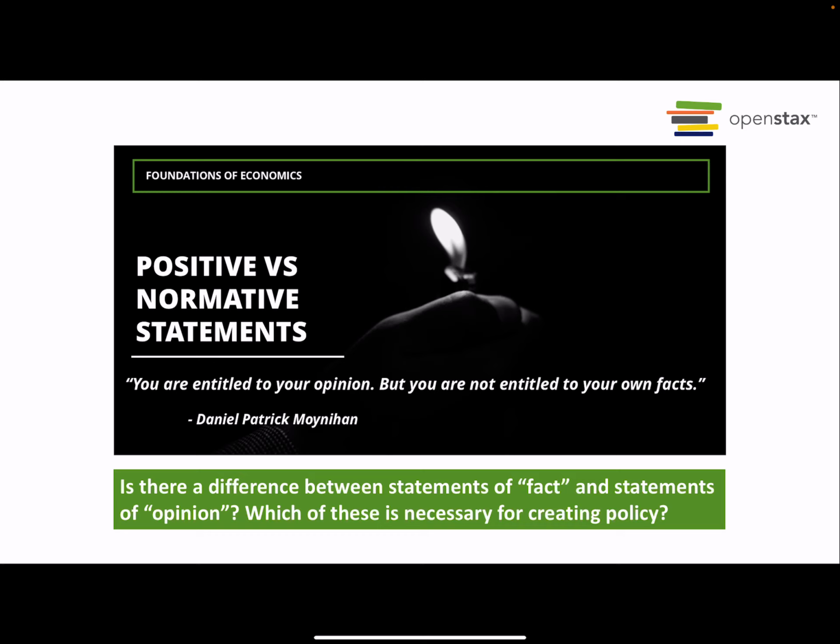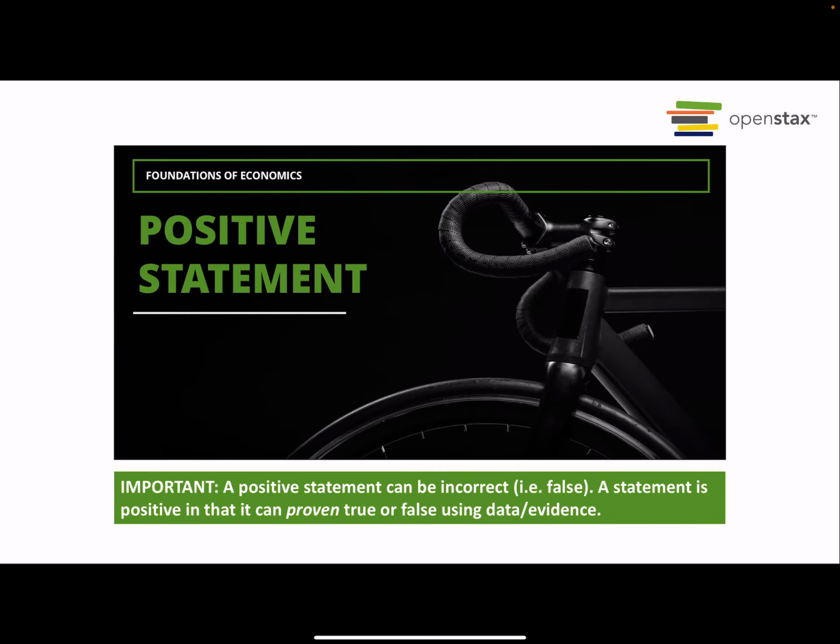So there is a difference between statements of fact and statements of opinion, and that should be taken into account when we have elected officials who are creating new policies that are going to have an economic impact. I don't know about you guys, but I would like for our elected officials to make these new policies based on statements of fact, positive economic statements, and not the normative opinions where everyone's are different.